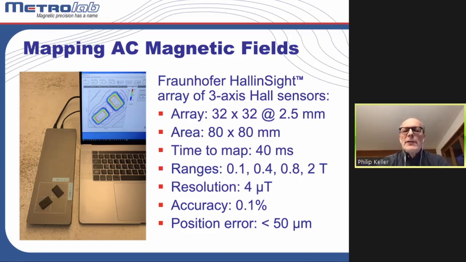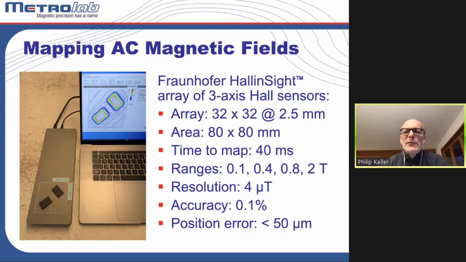The main difference is that whereas this array has real 3-axis sensors, in the MagCam, it's actually computed. Two of the axes are computed. So that is a significant factor, especially for these AC fields. Now, this particular system was developed and built by the Fraunhofer Institute in Germany. Metrolab will be distributing it.